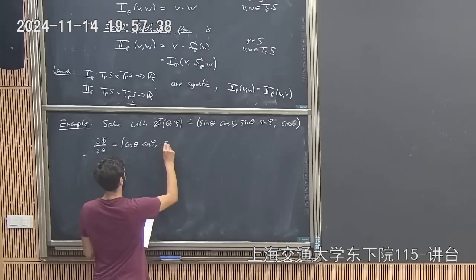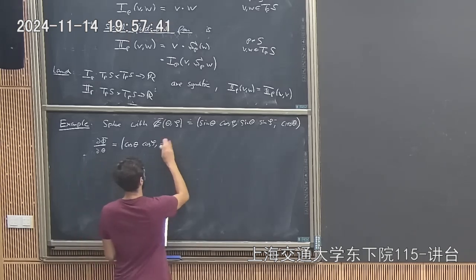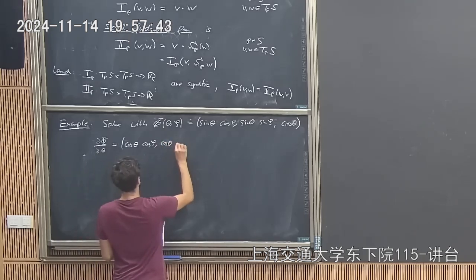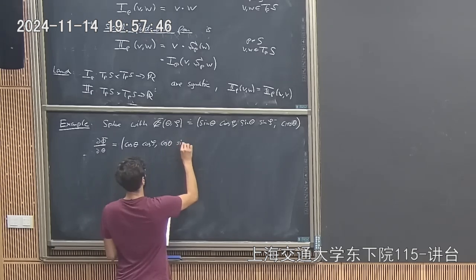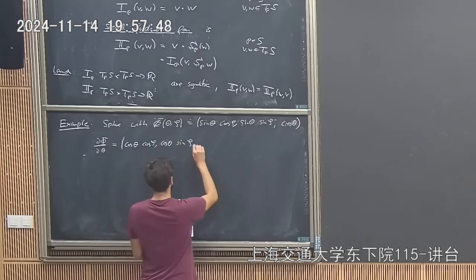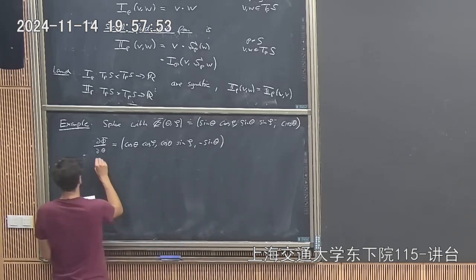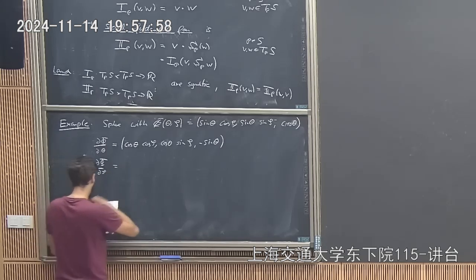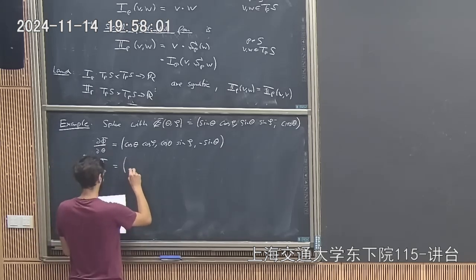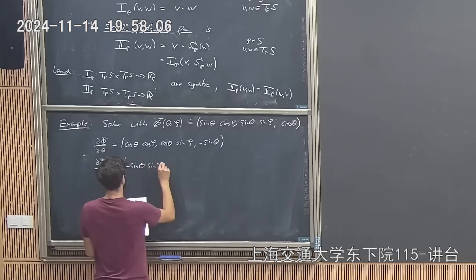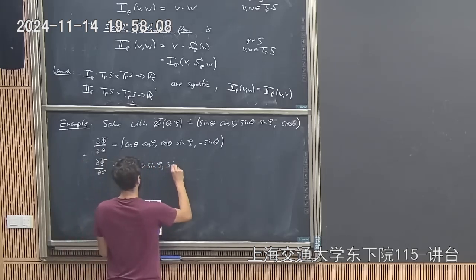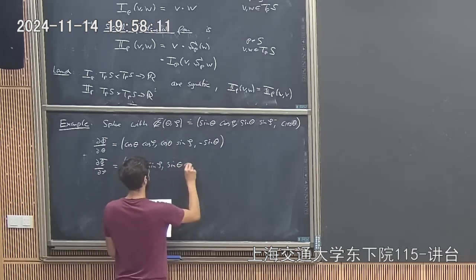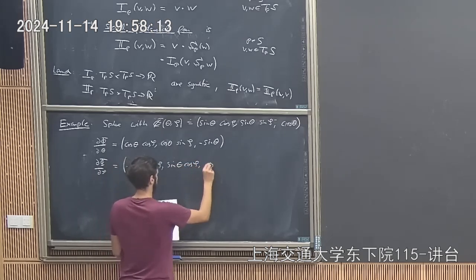You can do that quite easily, and you end up with cosine theta cosine phi, cosine theta sine phi, minus sine theta, and similarly you can take the derivative in the phi direction to get minus sine theta sine phi, sine theta cosine phi and 0.